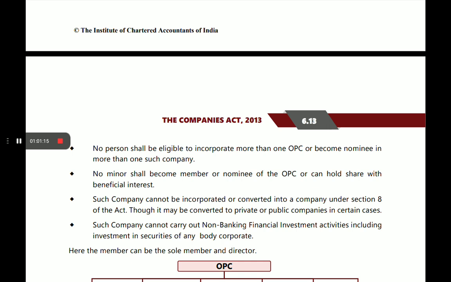Thus, it may be converted to private or public companies in certain cases. Such a company cannot carry out non-banking financial investment activities, including investment in securities of any body corporate.